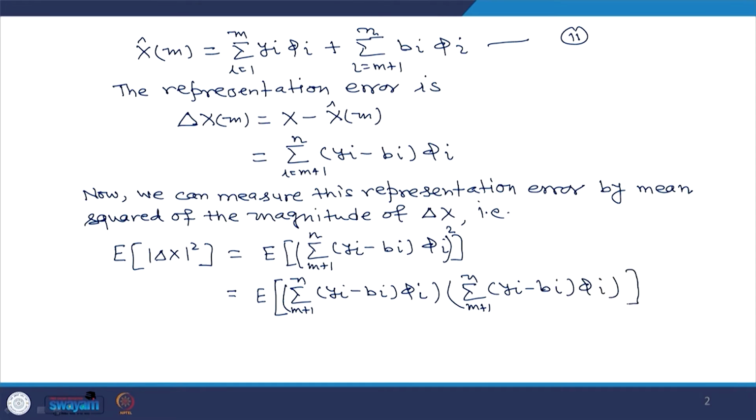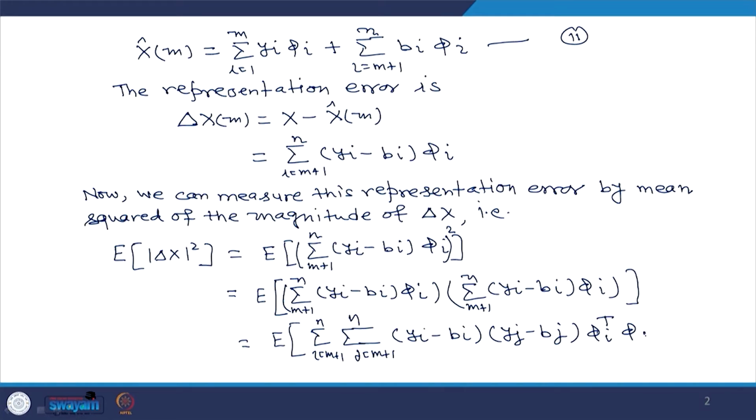This becomes E of the double summation, i equals m plus 1 to n and j equals m plus 1 to n, of (y_i minus b_i)(y_j minus b_j) phi_i transpose phi_j. So, I have opened this summation. Now, phi_1, phi_2, phi_3 are all orthonormal bases.